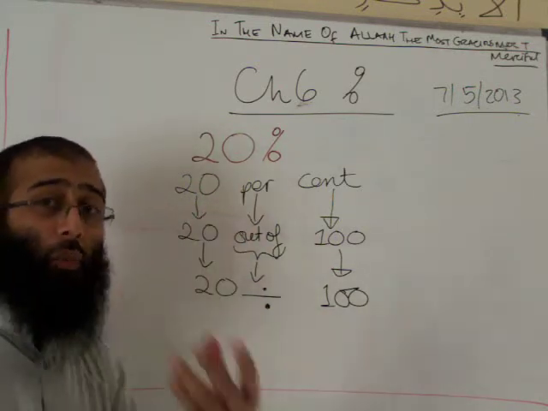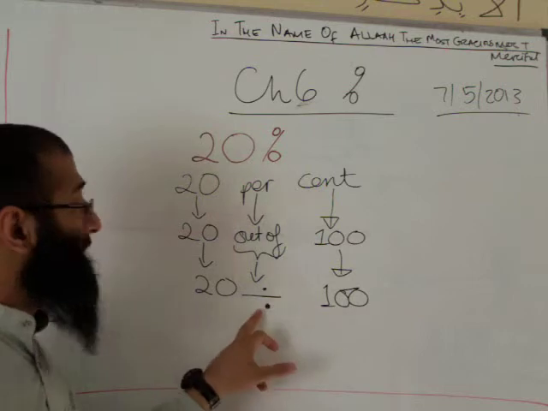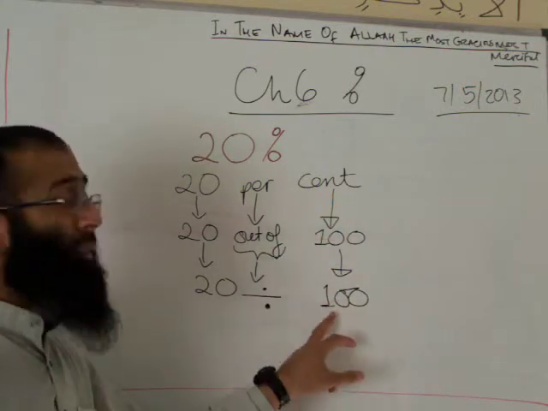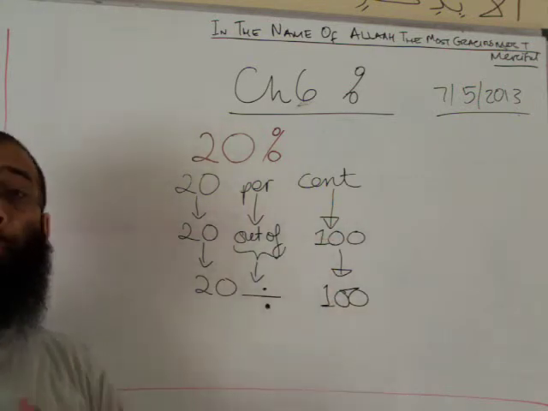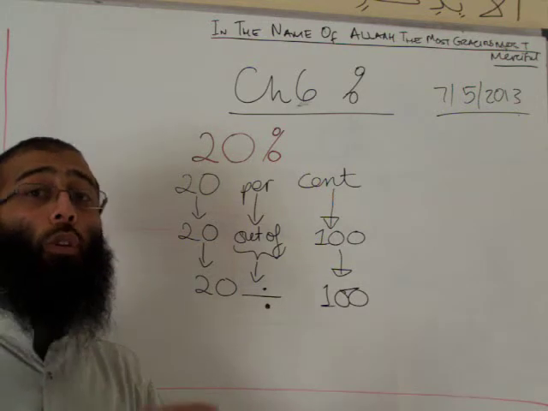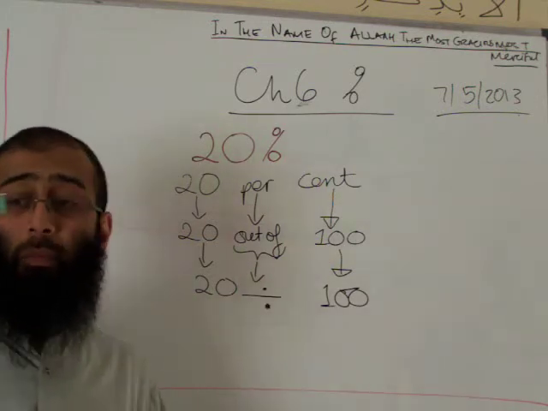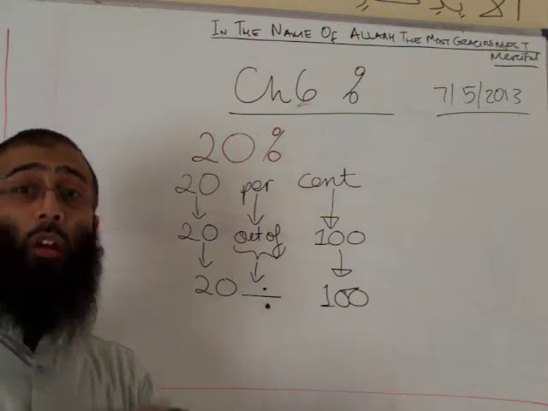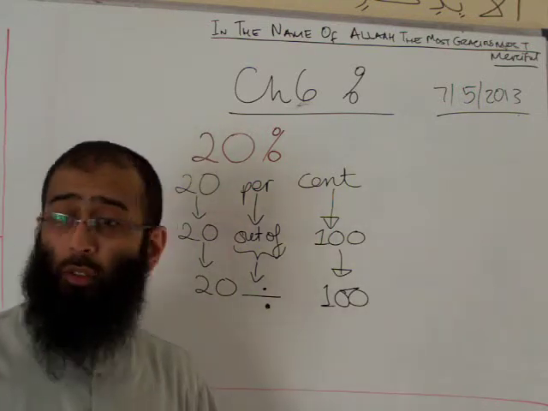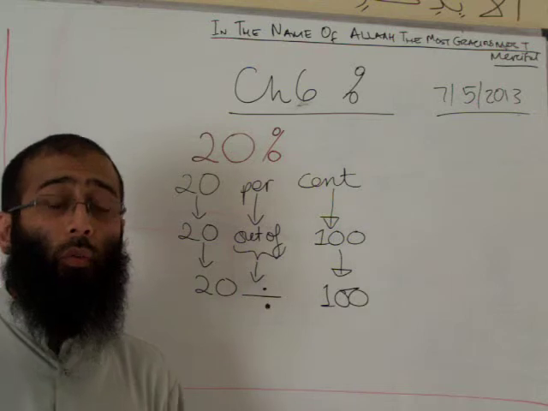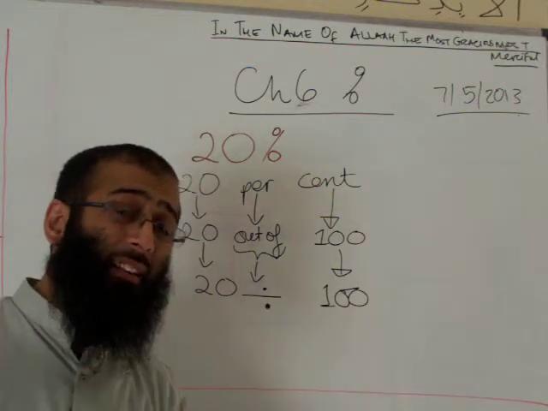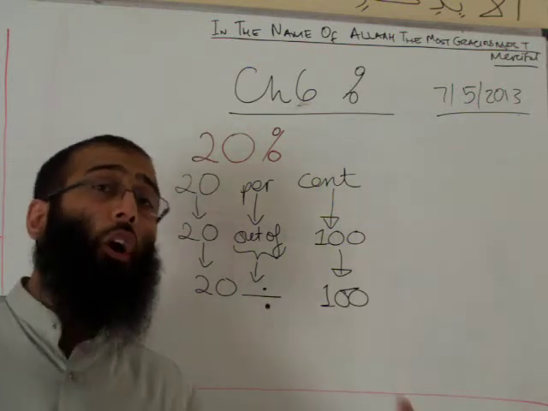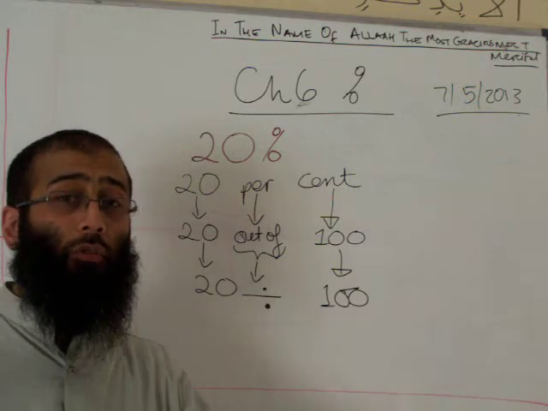The per part of our word means divide, and cent represents 100. So whenever we talk about percentage, we are talking about out of 100. 20% means 20 out of 100. 30% means 30 out of 100. 40% means 40 out of 100, and so on. So when we're talking something percent, we mean something out of 100 or something divided by 100.